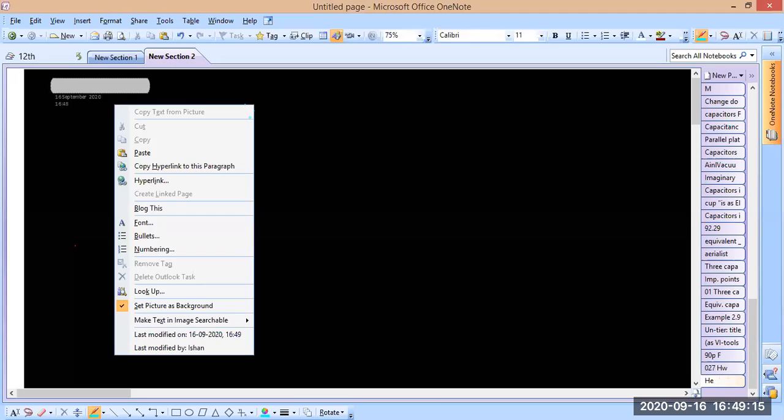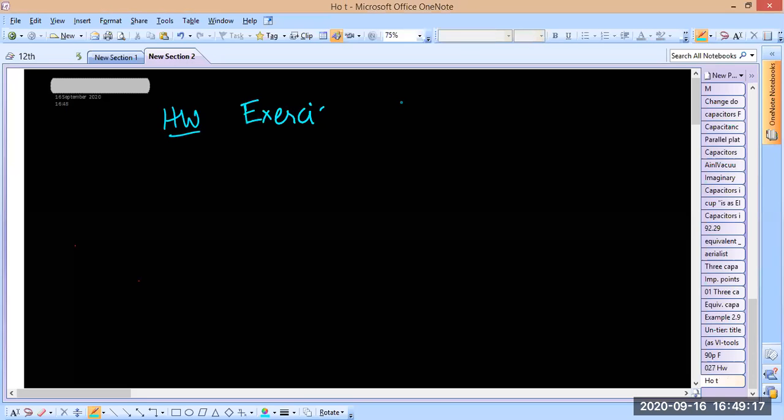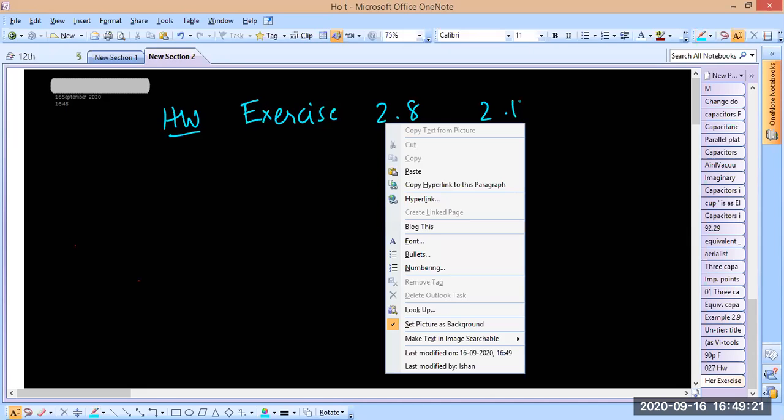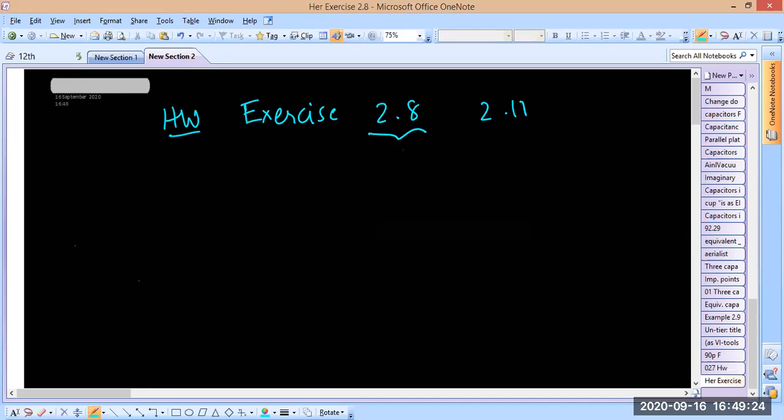Exercise 8 and 11. I'm not so sure about 8. If this is done, if it's remaining, it is homework. Otherwise, it's fine. All right. Exercise questions 2.8 and 2.11 are homework. Please make sure you do it.